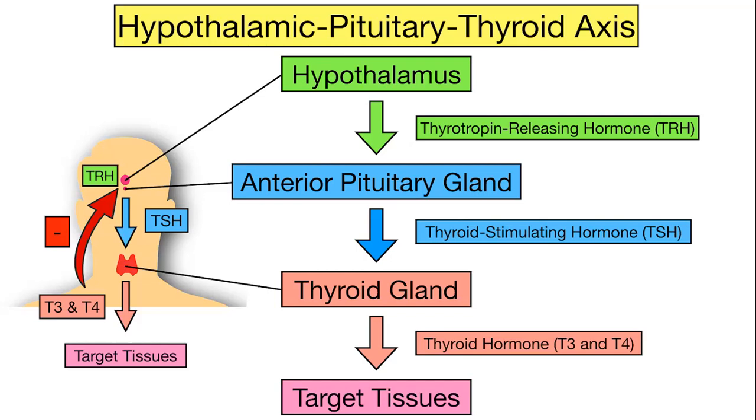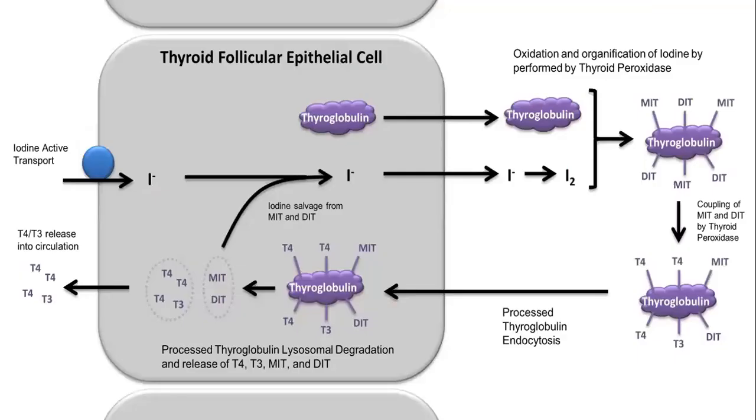So the thyroid gland is full of thyroid follicles, which are the basic units of thyroid hormone synthesis. The thyroid follicles are surrounded by a lining of follicular epithelial cells and contain an acellular lumen full of proteinaceous material termed the thyroid colloid.